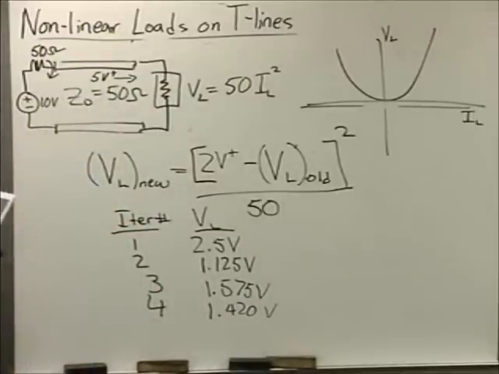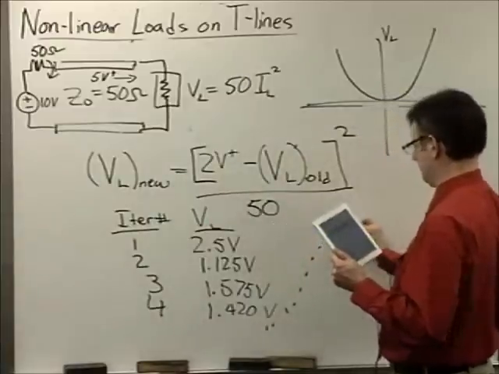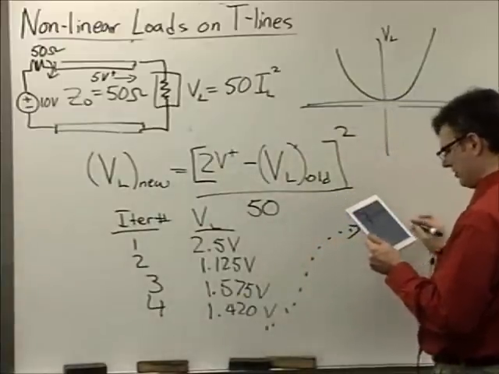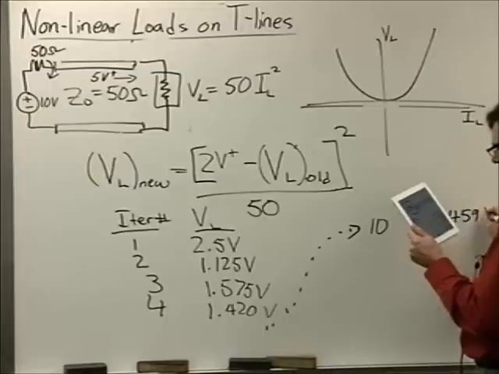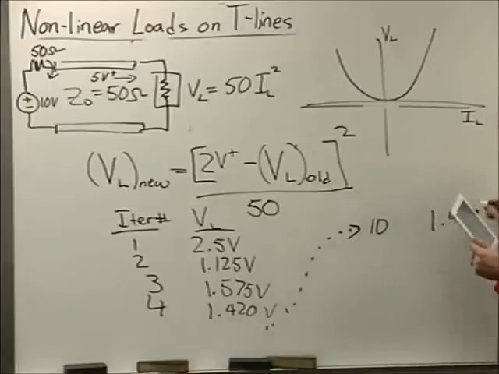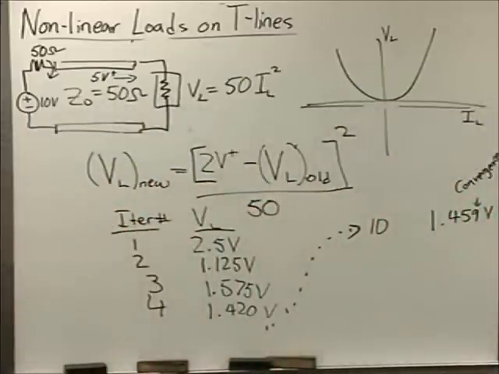And by the time I get to my 10th iteration, I won't exhaustively repeat this out, my load voltage is 1.459 volts. And it doesn't change with respect to this last value. I have a convergence. So basically, you can identify your stop point when you stop seeing any change in your value. Exactly. That's how iteration works.